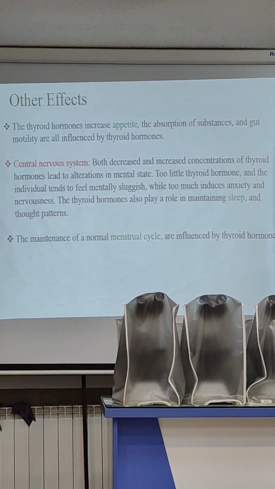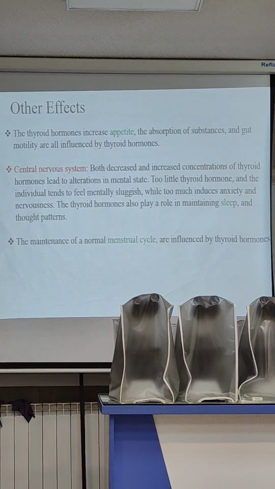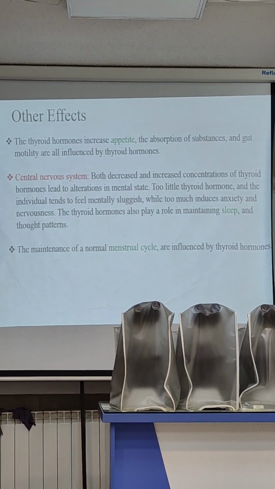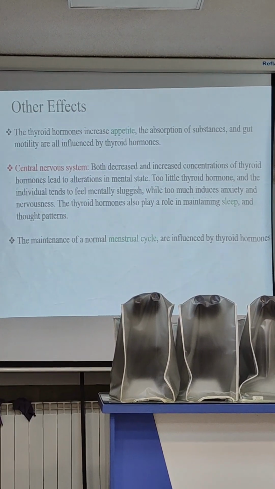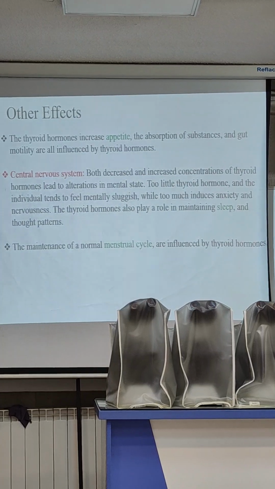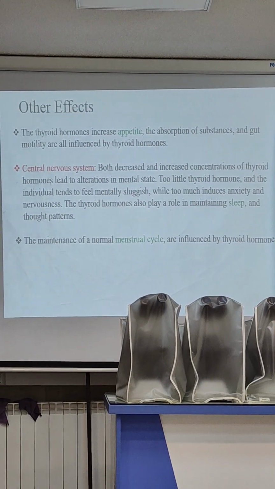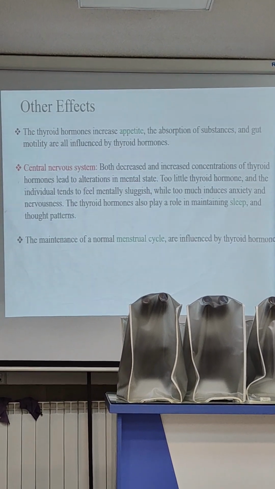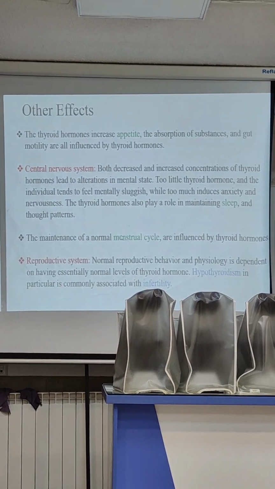And also, some women have a problem regarding the menstrual cycle, it means that some women have an irregular menstrual cycle. One of the tests that women should control is the thyroid test, because sometimes this is a result of the alteration in concentration of the thyroid hormone.